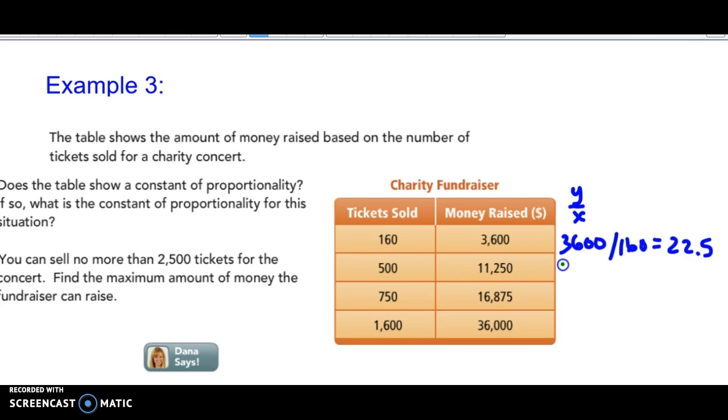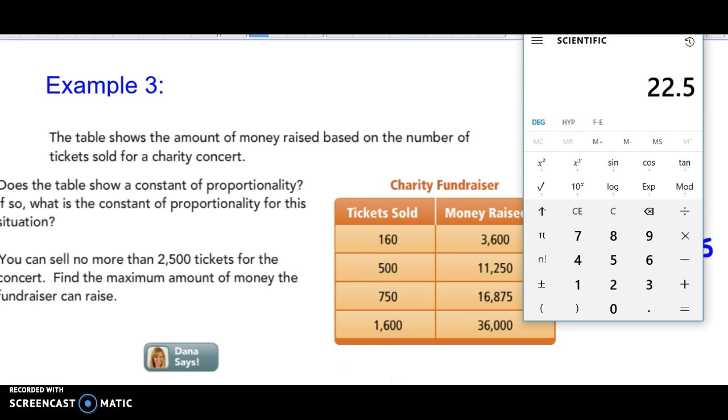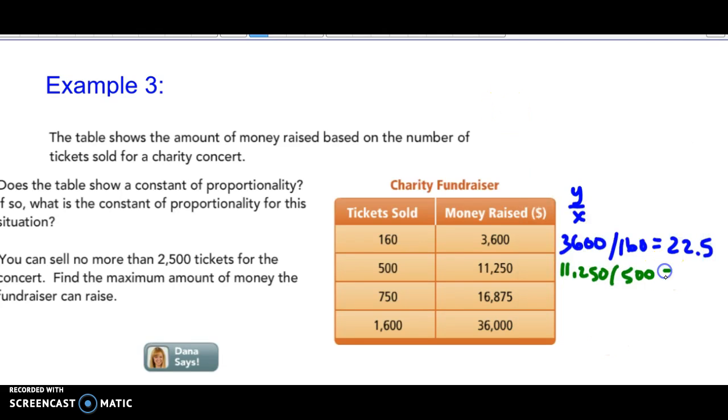In my next row, I have 11,250 divided by 500. Well, right off the bat, I am seeing that I'm getting the same constant.